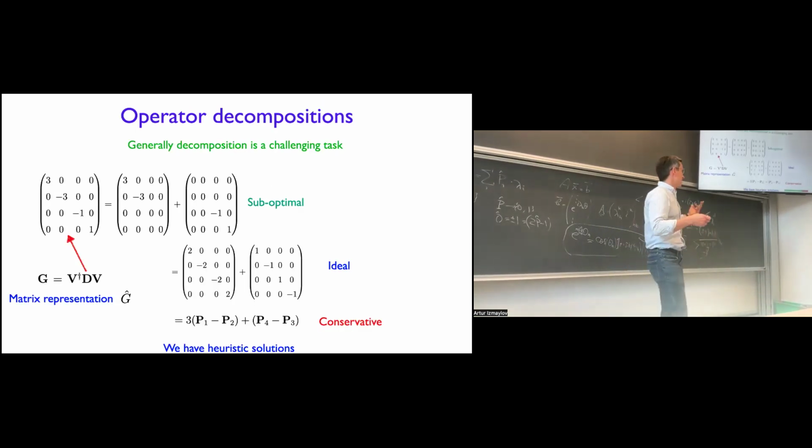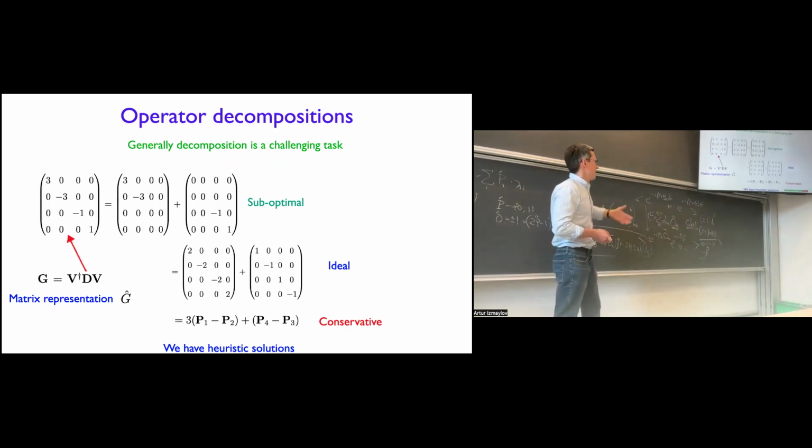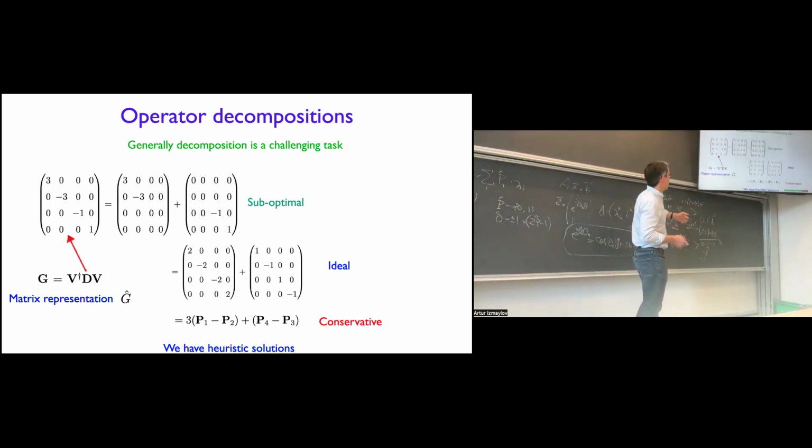Generally, the decomposition is sort of challenging to do in an optimal way. Here's an example: let's say a generator with just a matrix representation with just 4 eigenvalues, 3, minus 1, and 1. You could decompose it into 2 operators with 3 eigenvalues, 3, minus 3 and 0, and then 0, minus 1 and 1, right?